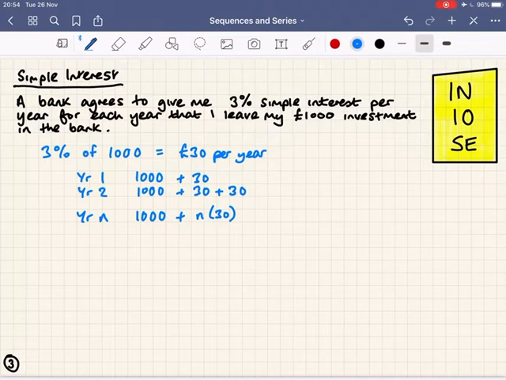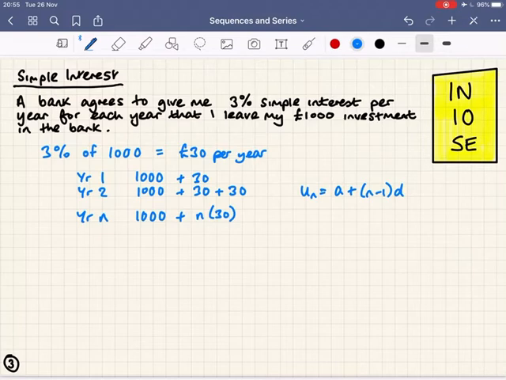So this is very similar to un equals a plus n minus 1 d. The only difference here is that we're taking into account all the years, because effectively the amount at the end of the year is like the beginning of the next year. So we're not subtracting 1 from the number of years here.